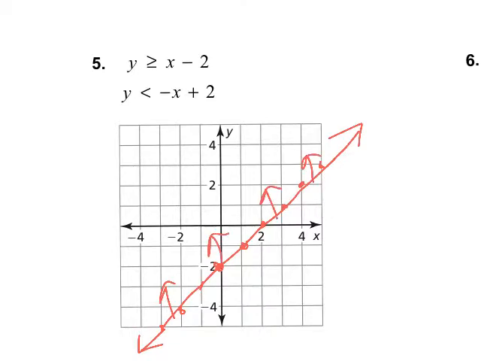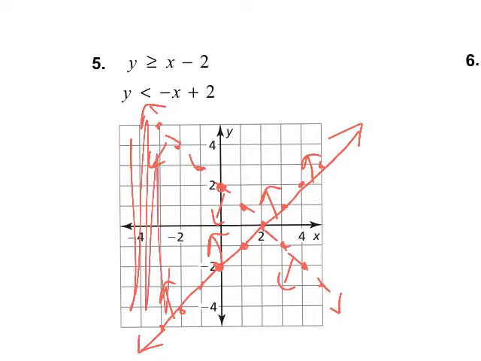The second inequality has a y-intercept of +2 and a slope of -1, so that's down 1 over 1. Okay, it's going to be a dotted line because it's not equal to. And it says y is less, so I'm going down from that line. Okay, the part of the graph that has two sets of arrows pointing to it would be this section right here.